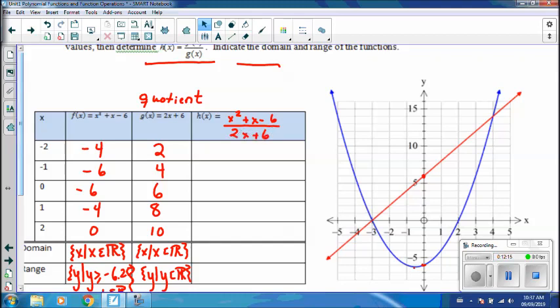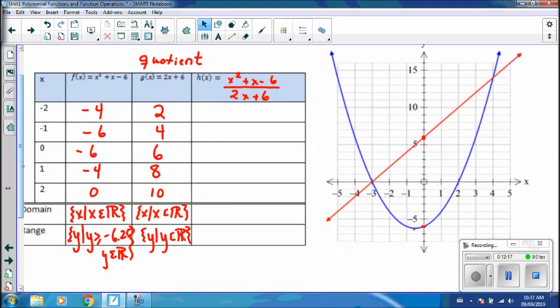So that's our function. So that means I'm going to take the f of x value and divide by the g of x value. So -4 over regular 2, I guess, is -2. So that's my first value.